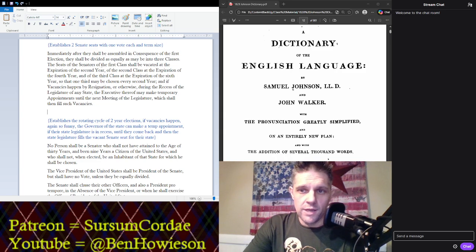The seats of the senators of the first class shall be vacated at the expiration of the 2nd year, of the 2nd class at the expiration of the 4th year, and of the 3rd class at the expiration of the 6th year, so that 1/3 may be chosen every 2nd year, and if vacancies happen by resignation or otherwise, during the recess of the legislature of any state, the executive thereof may make temporary appointments until the next meeting of the legislature, which shall then fill such vacancies.